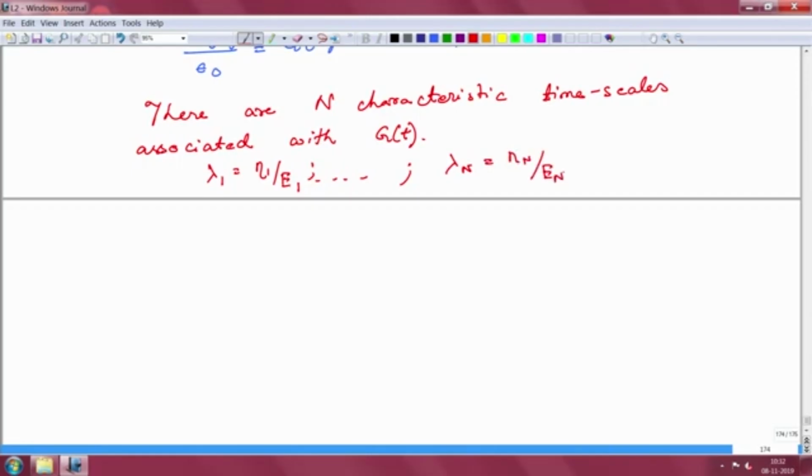Okay. These time scales are also called the stress relaxation time scales, or sometimes often called the relaxation time scales.